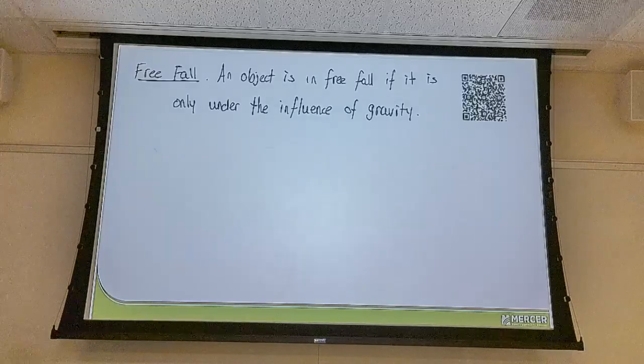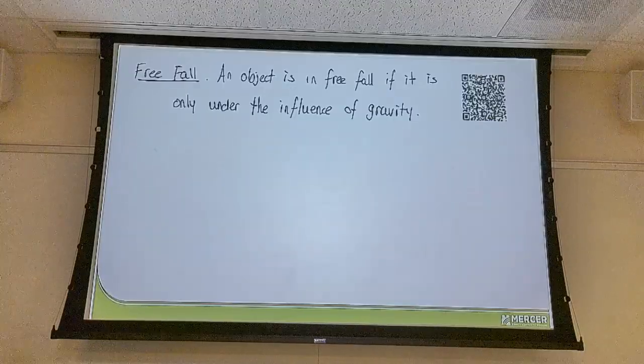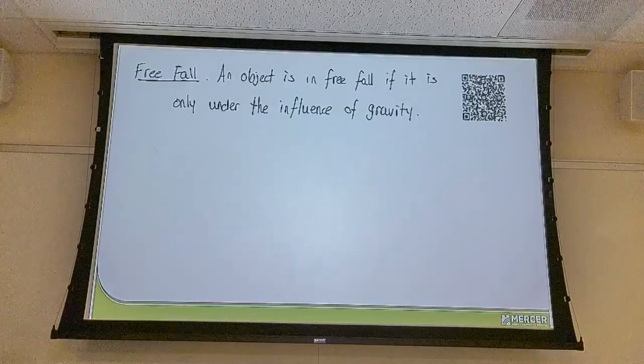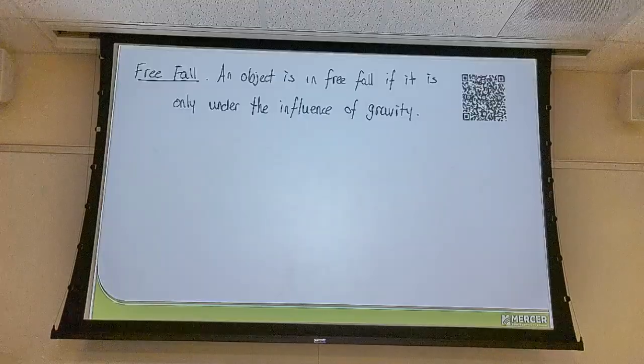Also, interesting tidbit of information. Satellites, they orbit the Earth, right? They're actually in free fall. Orbit is actually just free fall. It's falling.